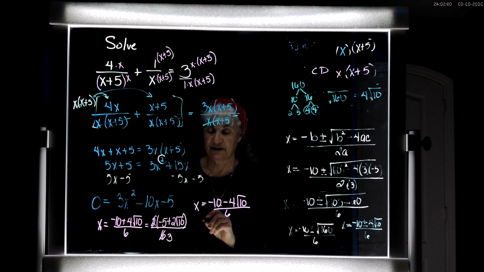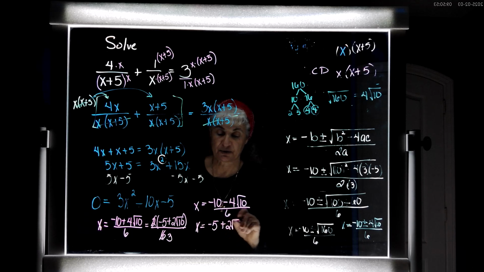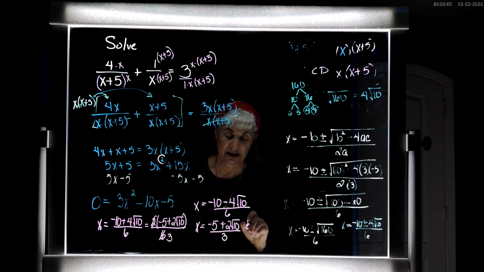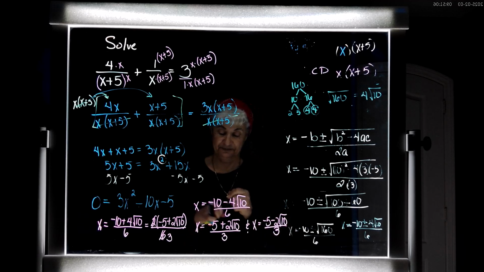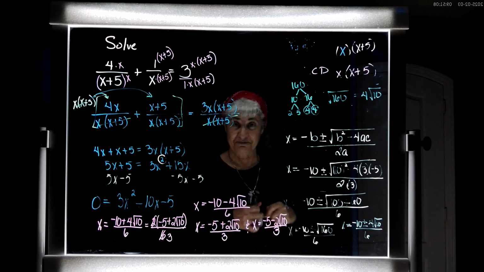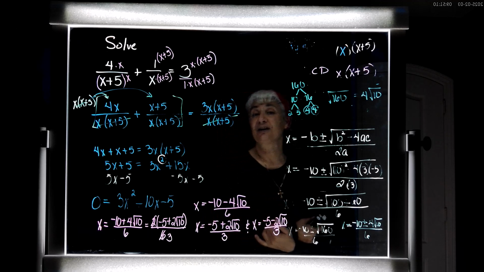So I have x equals negative 5 plus 2 square root of 10 over 3, and x equals negative 5 minus 2 square root of 10 over 3. Agreed?